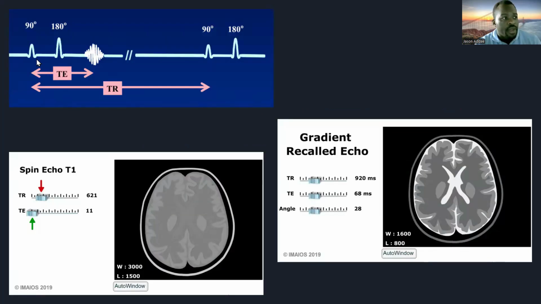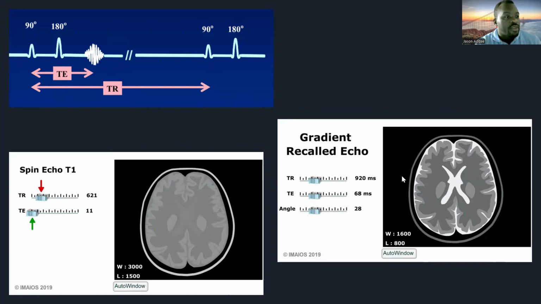Here's a graph breaking down how it would look visually. You see that angle there, and then you see that excitation pulse, and then you see this long period of time before it gets back to that 90-degree state, that recovery time. This is the TE and TR visually displayed.